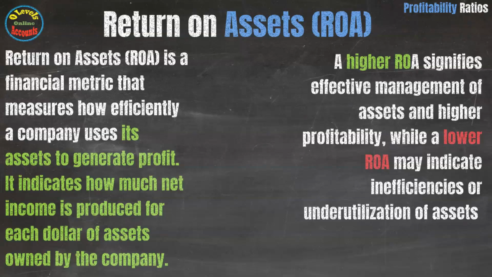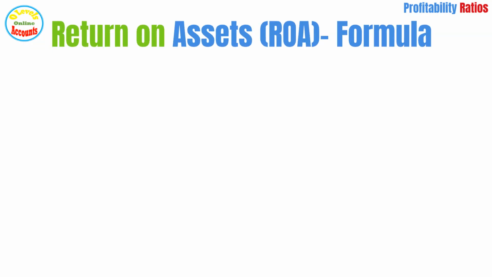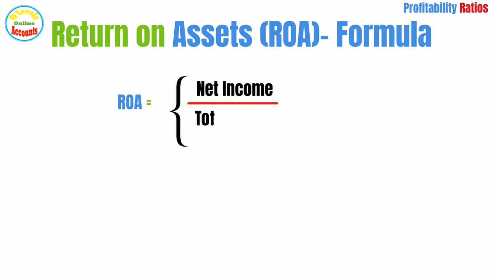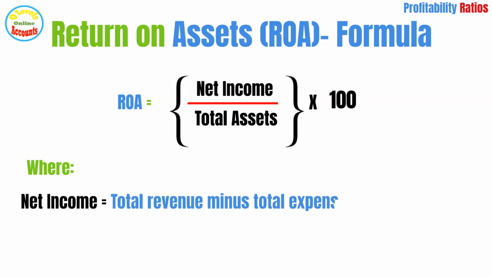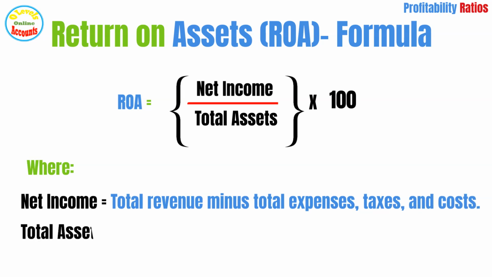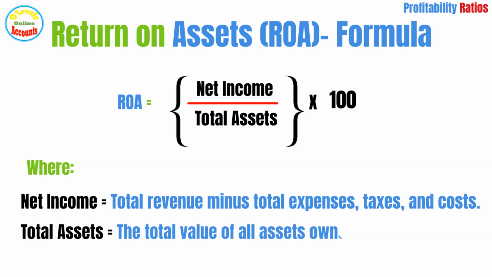Let's check its formula. The formula for return on assets is as under. ROA is equal to net income divided by total assets and multiplied by 100, where net income is equal to total revenue minus total expenses, taxes, and costs. Total assets is equal to the total value of all assets owned by the company.